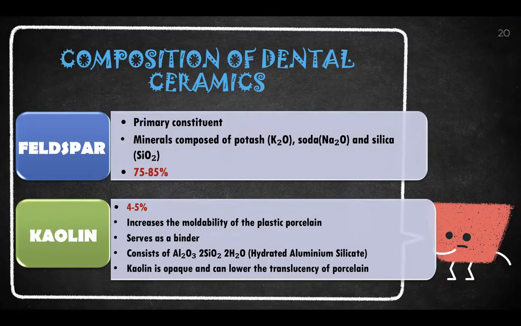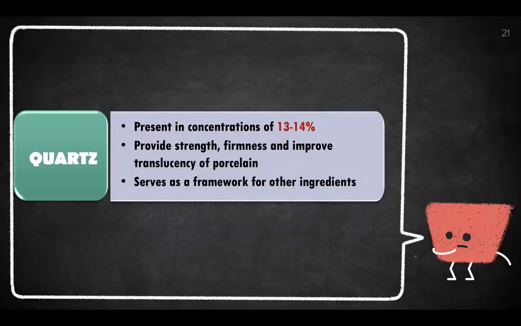Earlier, we used to add kaolin, but it makes the ceramic very opaque. So for the opaque ceramic we can have kaolin, while in the enamel and dentin ceramics we cannot. It is added up to 5%. It increases the moldability and acts as a binder. The only problem is that it makes it very opaque, so we can have kaolin only in opaque porcelain, not in other porcelains.